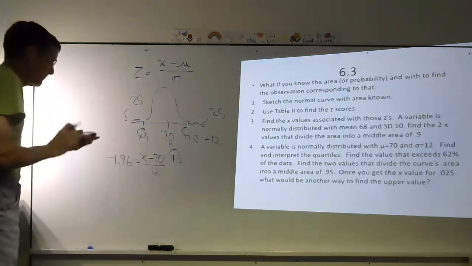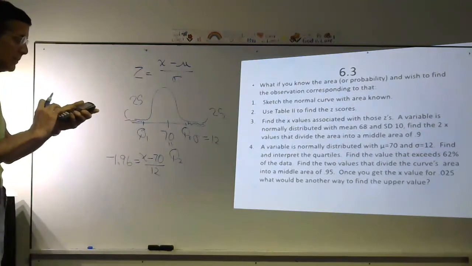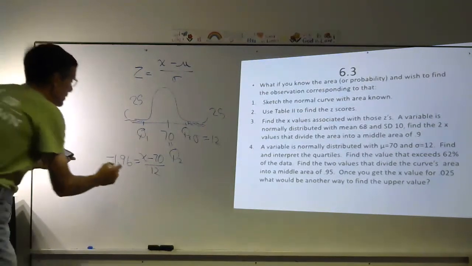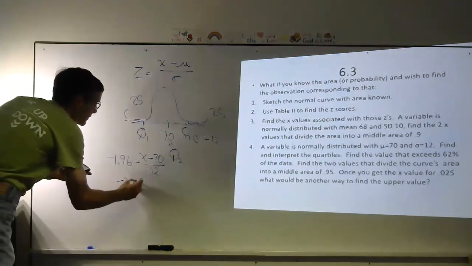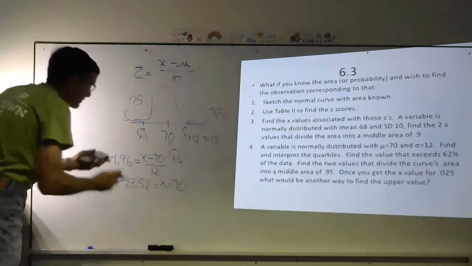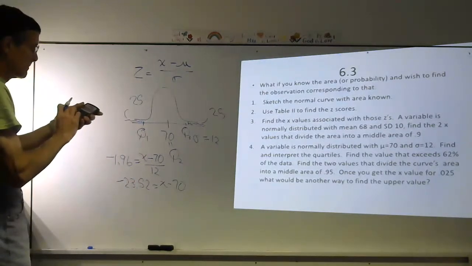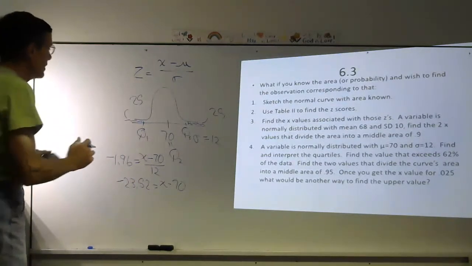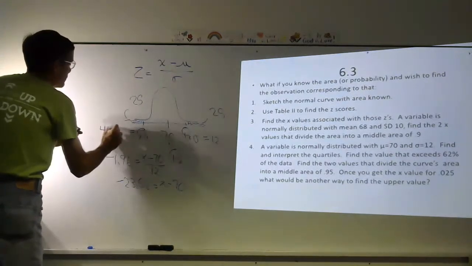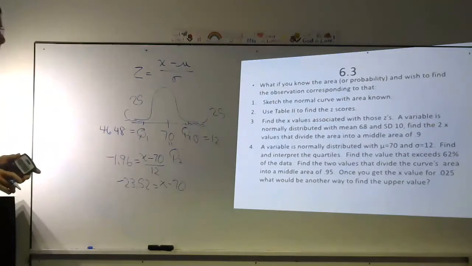Cross multiply. Negative 1.96 times 12 equals negative 23.52 equals x minus 70. Add 70 to solve for x. I get that Q1 is 46.48. Okay?